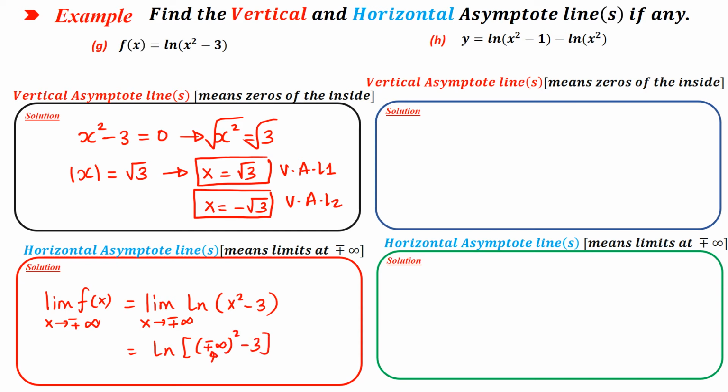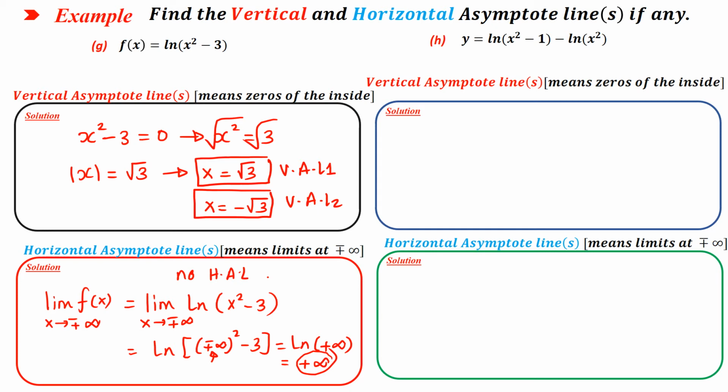Now plus or minus infinity squared will be plus infinity, minus 3, it will be infinity. So we have ln of infinity, which equals infinity. Now since the limit at infinity and negative infinity equals infinity and not a number, there is no horizontal asymptote line for this equation.